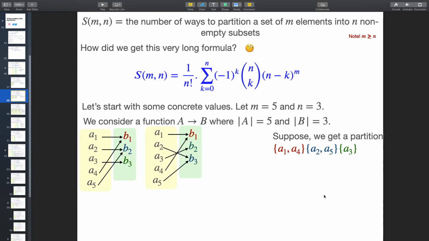Note na, yung kulay, dinidenote niya kung kaninong element na a-associate yung subsets. So, one surjective function we can obtain is associate B sub 1 with this subset, B sub 2 with this subset, and B sub 3 with this subset.